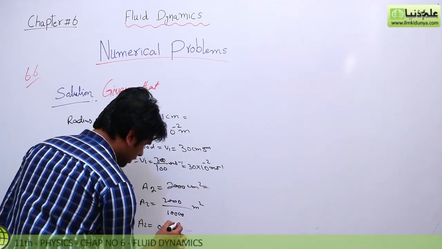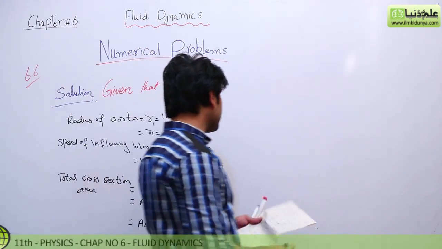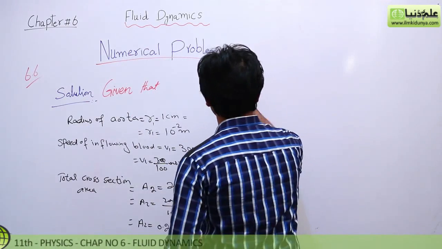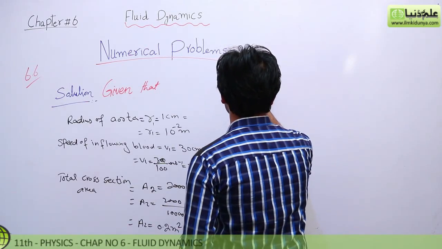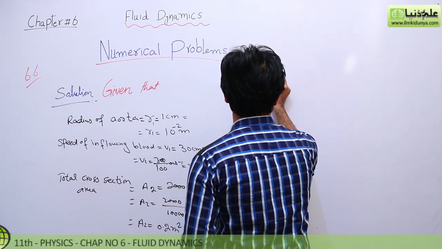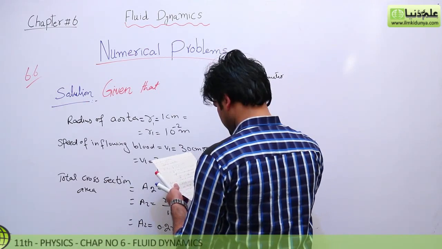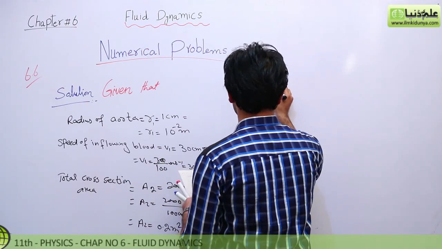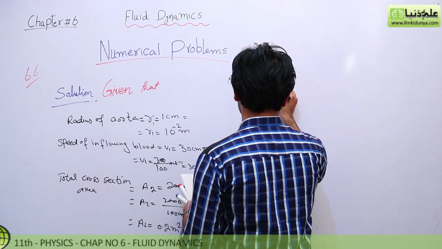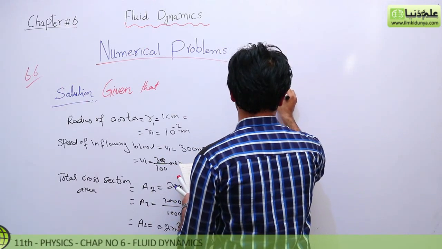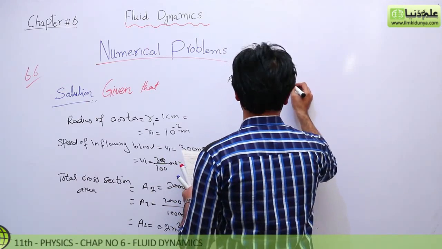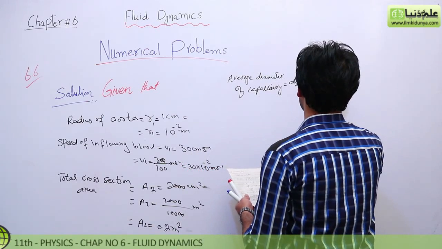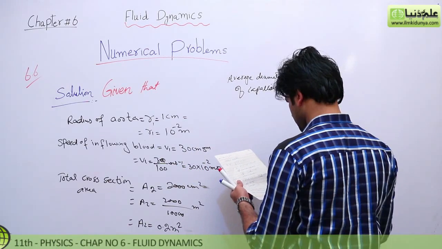So students, these are the given data, and the average diameter of capillaries is given as D2 = 8 × 10 raised to the power minus 4 centimeter.